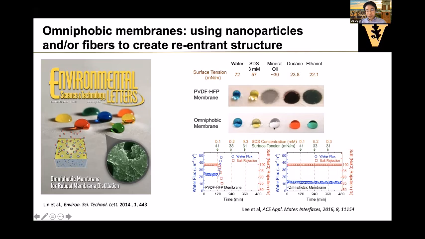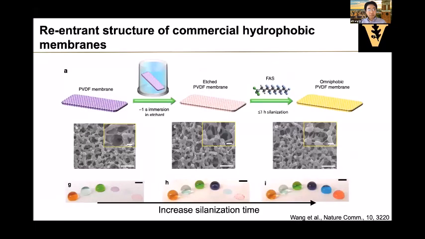While an omniphobic membrane is resistant to liquids of all surface tensions. So if you add surfactant when doing membrane distillation with a conventional membrane, you would get wetting very quickly, while for an omniphobic membrane, you can maintain the performance for a really long time, even with low surface tension liquids.